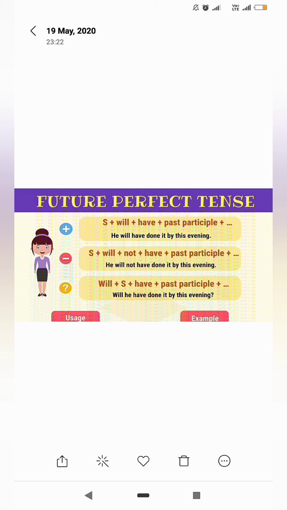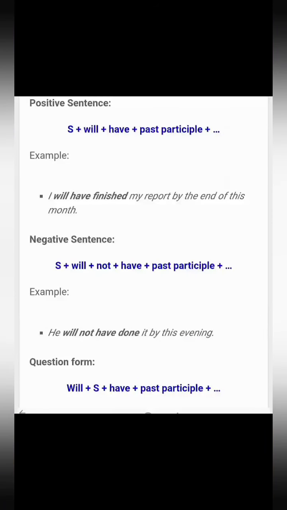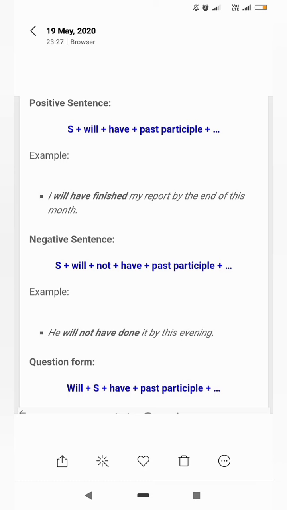Future perfect. Future perfect is a verb form used to describe an event that is expected or planned to happen before a time of reference in the future. Will or shall to mark the future. I will have finished. I will not have plus past participle. I will not have done it by this evening.